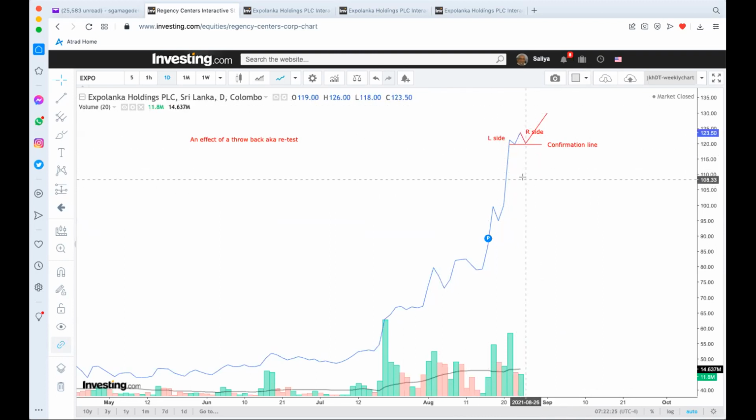The most important thing that we need to understand by using the double top pattern is the reversal, right? In Sri Lanka, or rather in the Colombo Stock Exchange, we don't mostly make use of this pattern to execute a sell order.